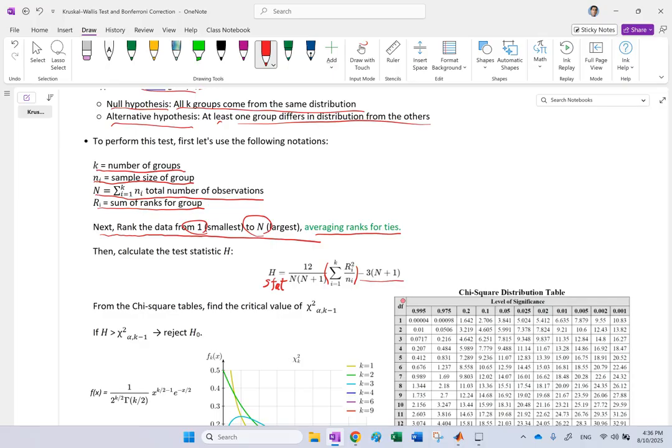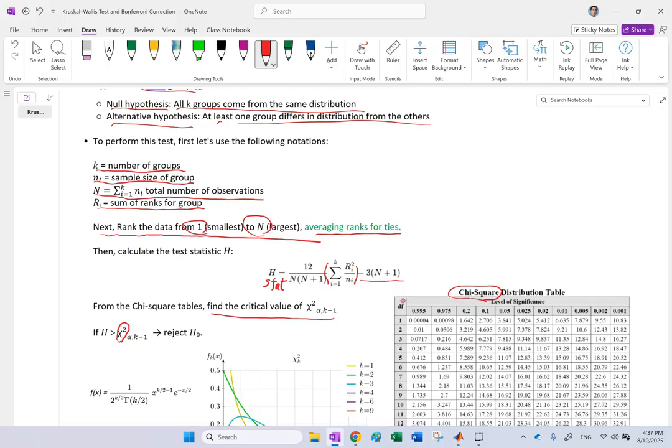Now, how would you get the critical value? In this case, the critical value, or H critical, actually comes from a table that is not called the H table. This time, it comes from a distribution called the chi-squared. The chi-squared distribution is a specific distribution that is used a lot in engineering and in statistics.